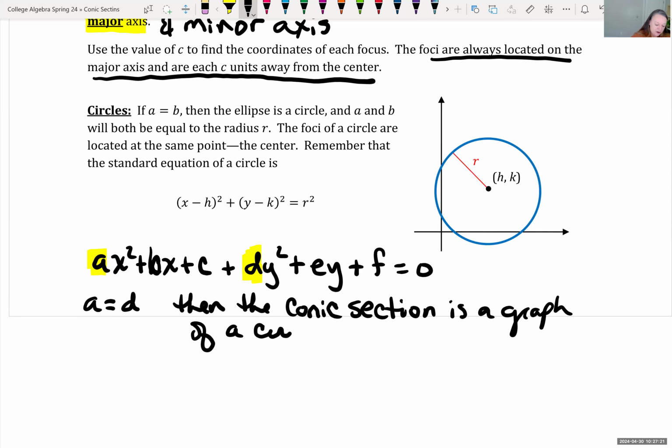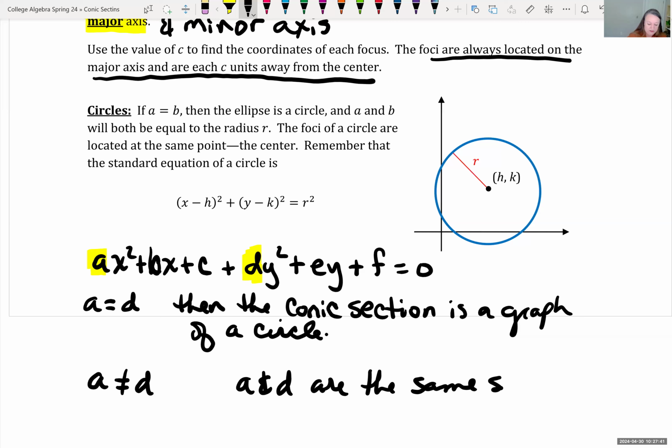If they're not equal to each other, so if A does not equal D, then it depends. If A and D are both positive or both negative, so the same sign, but they're not the same number, then it's an ellipse.